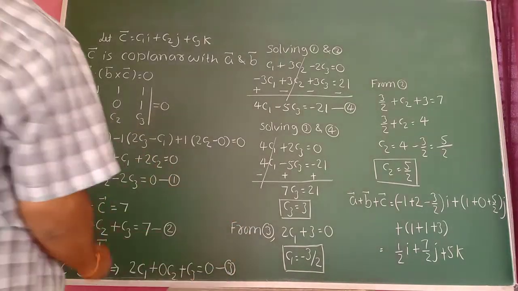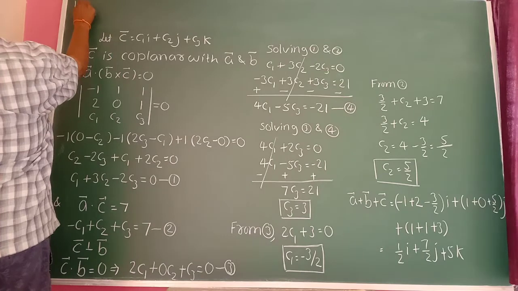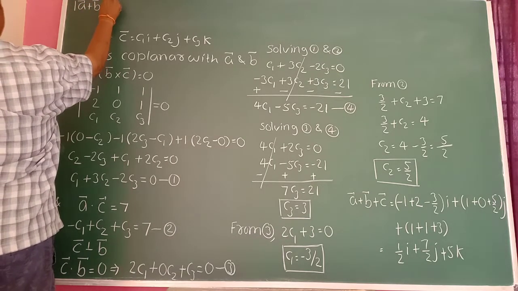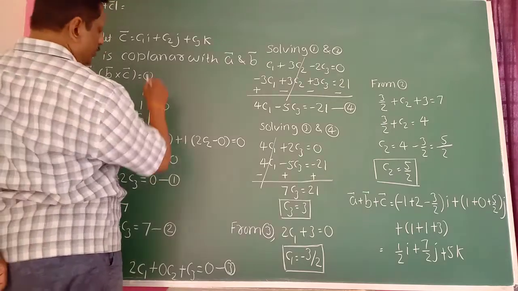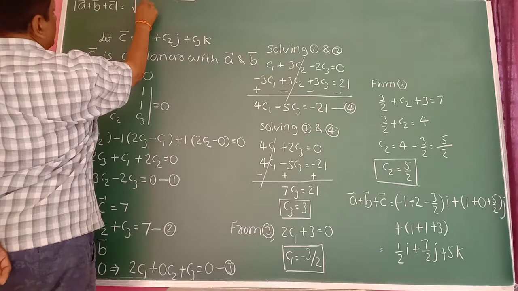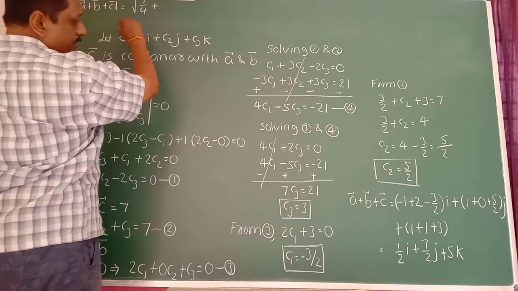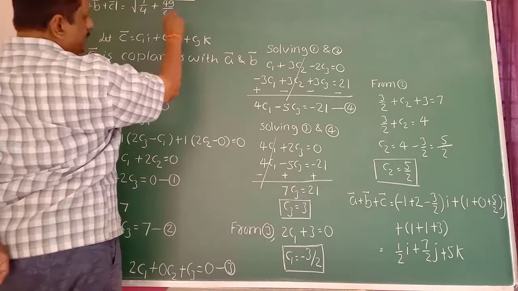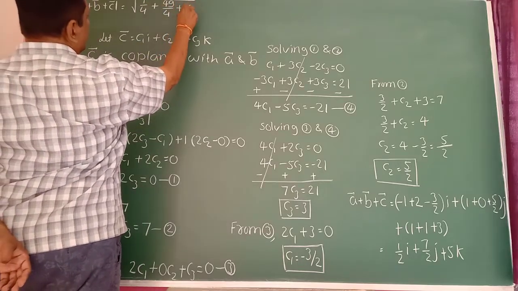Then find its modulus here. So modulus of A bar plus B bar plus C bar is equal to root of 1 by 2 square is 1 by 4 here. 7 by 2 square is 49 divided by 4 plus 25.